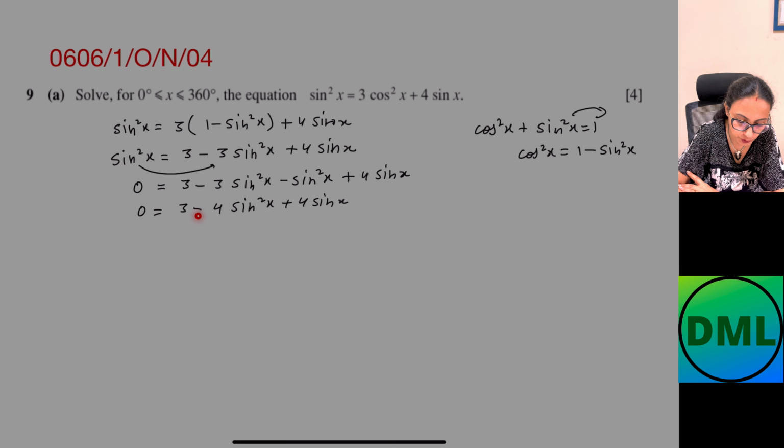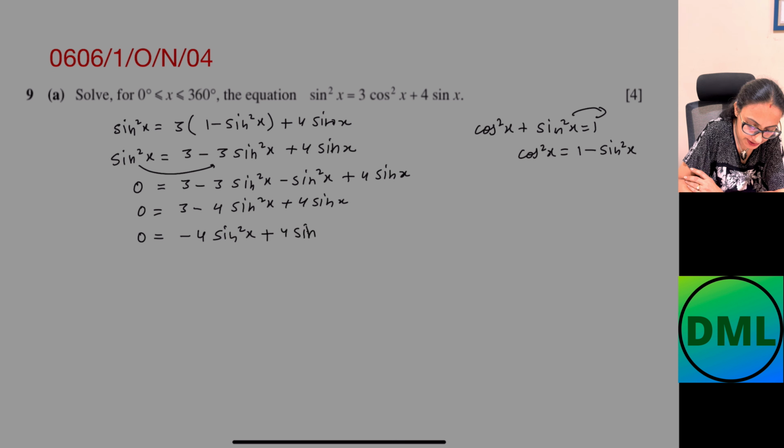First, I need to make this coefficient positive and write it in the proper order. This will be written as 0 is equal to minus 4 sin square x plus 4 sin x plus 3. I need to multiply this full equation with a negative sign to make this positive. So that will be 0 is equal to 4 sin square x minus 4 sin x minus 3.